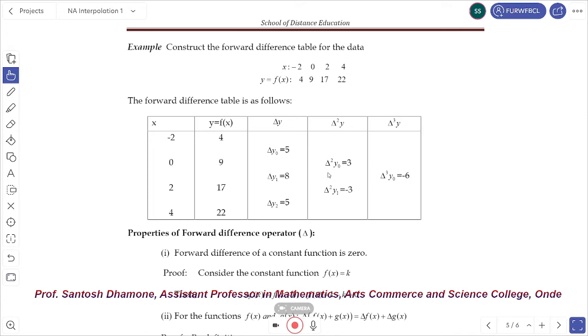The difference is calculated by 9 minus 4 is equal to 5, 17 minus 9 is equal to 8, and 22 minus 17 is equal to 5. The second difference is 8 minus 5 is equal to 3, 5 minus 8 is equal to minus 3, and the last third difference, delta cube y, is equal to minus 3 minus 3 is equal to minus 6. This is the forward difference table for the given table.